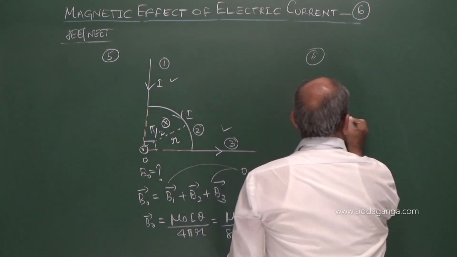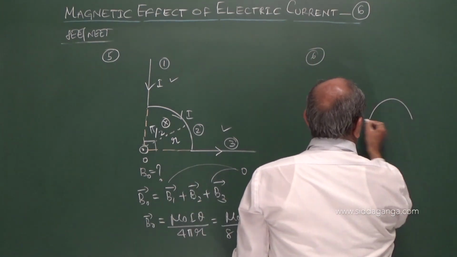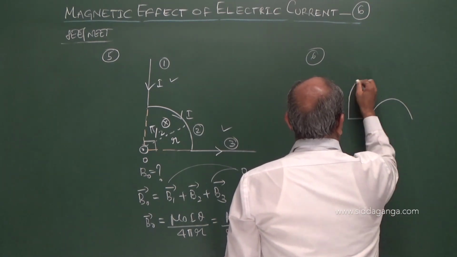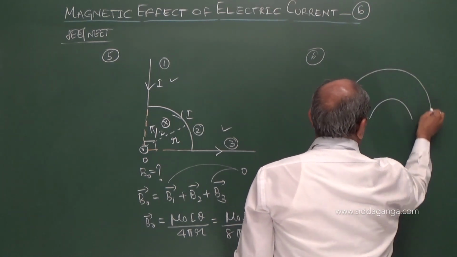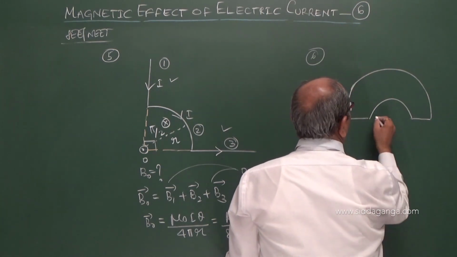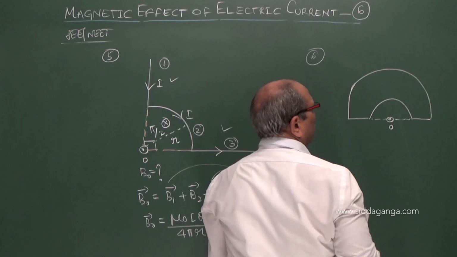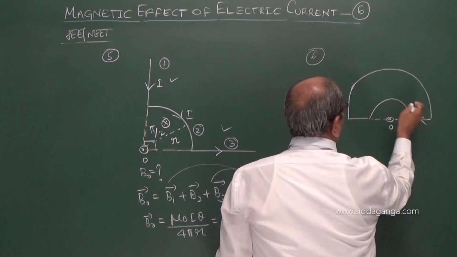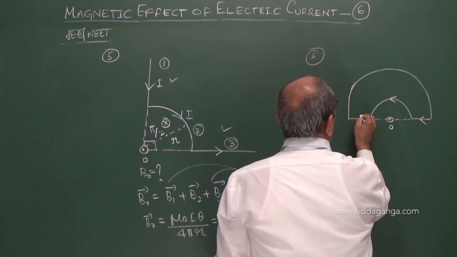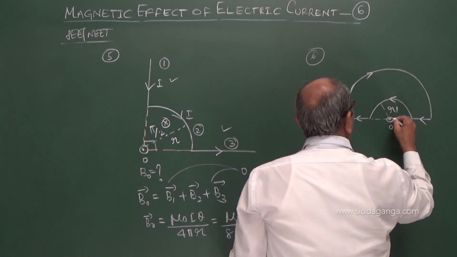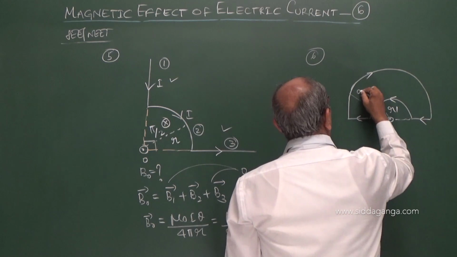Maybe of this form, at O. The current is like this; this is R1 and the other is R2.